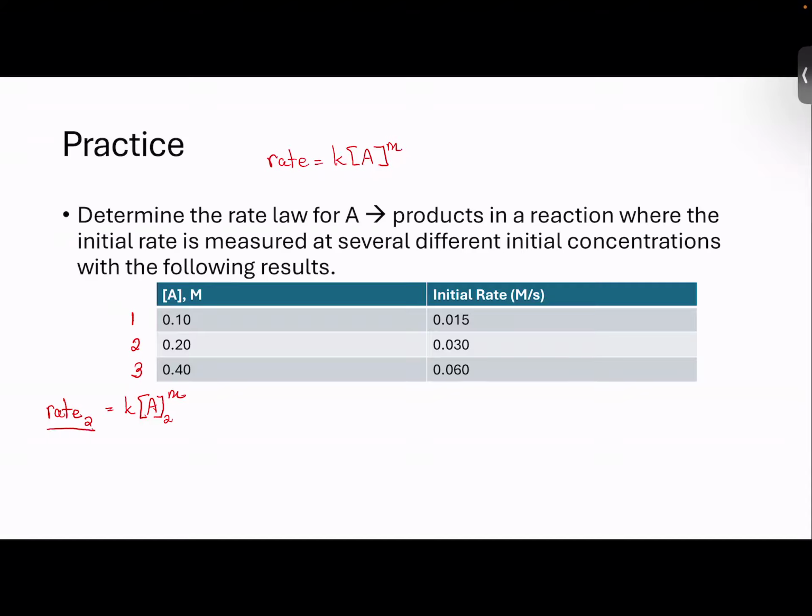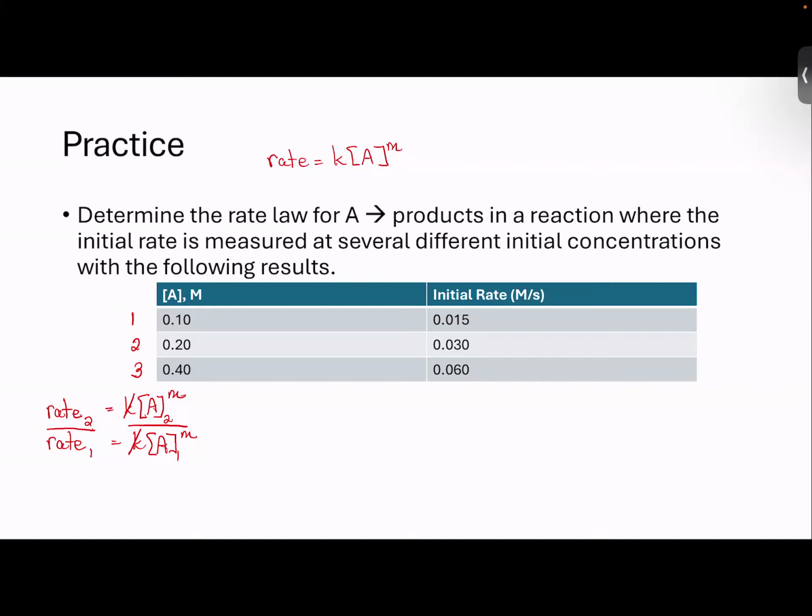And we're going to divide that by the rate law for reaction 1, which is going to be rate is equal to K times A1 raised to the order. Now, in this particular case, the rate constant is going to cancel out because as the term describes, it's a constant.